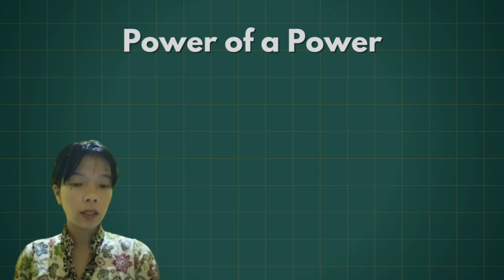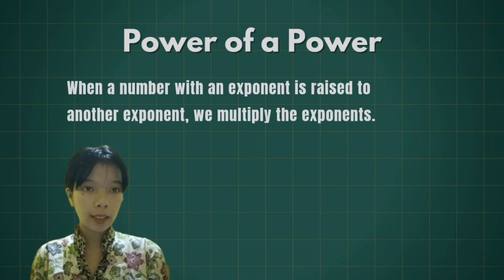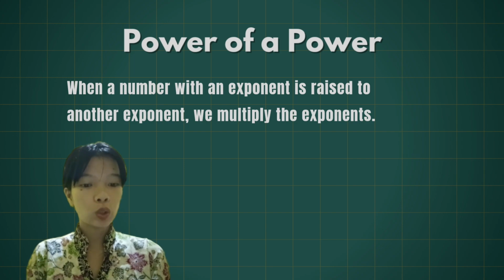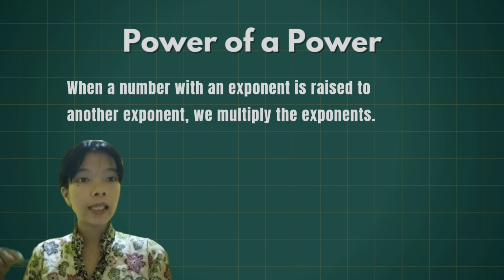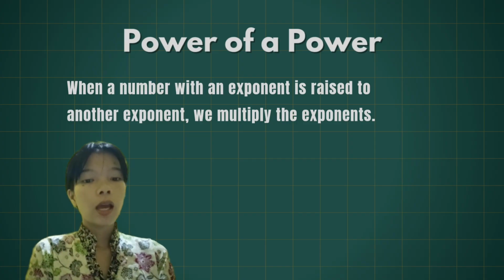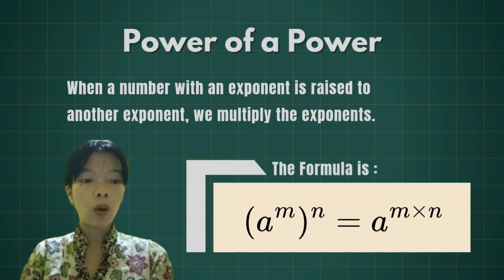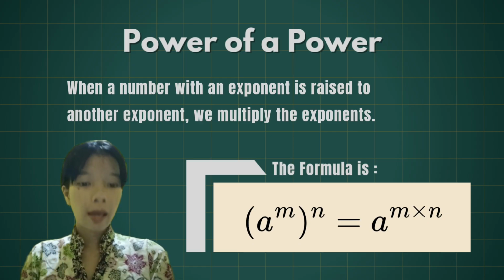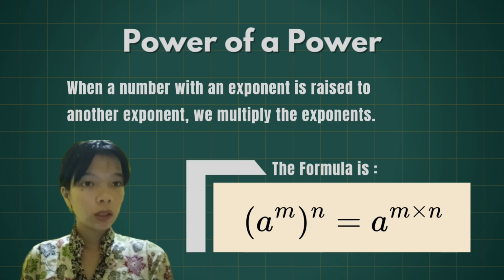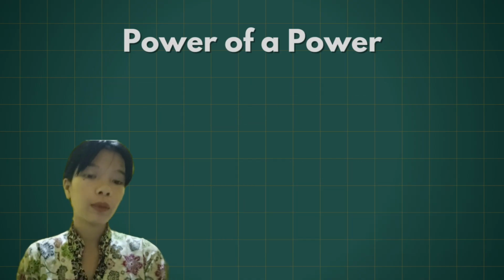Okay, next, power of a power. When a number with an exponent is raised to another exponent, we multiply the exponents. The formula is a to the power of m, all raised to the power of n, equals a to the power of m times n.